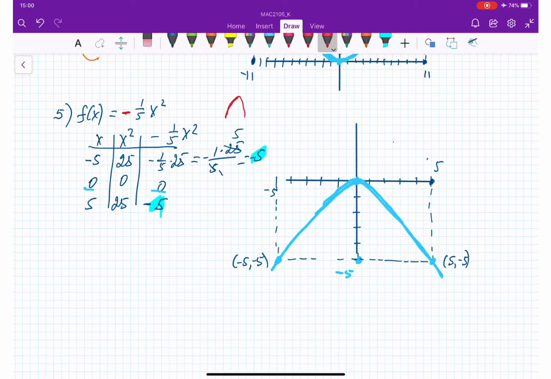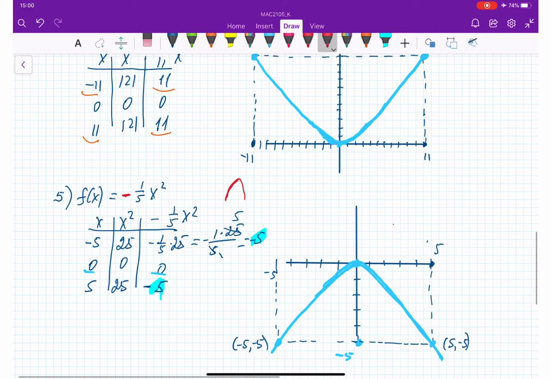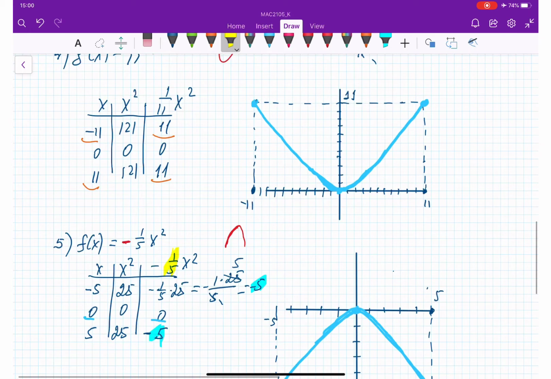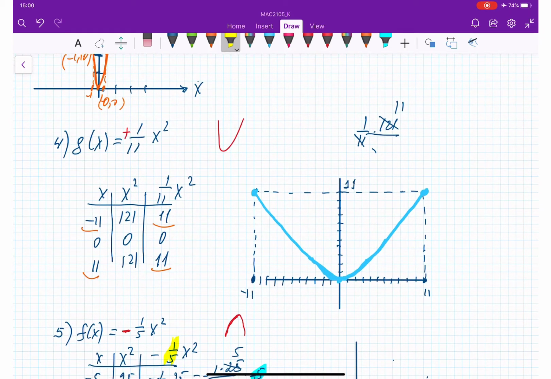And one more thing. When coefficient of x is a fraction, then the graph is stretching. It's wide. Look here, negative 1, 5. Here we have y over 11. See, it's stretched.